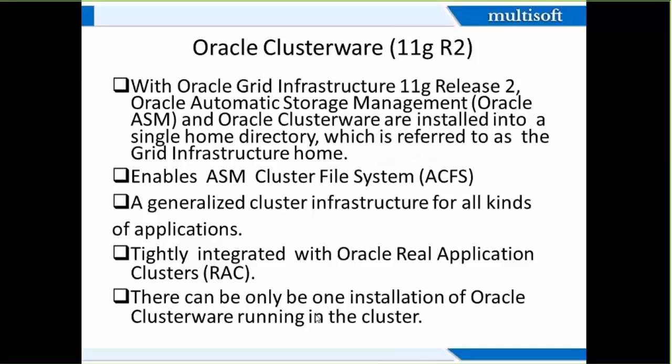Now, a generalized cluster infrastructure for all kinds of applications tightly integrated with Oracle Real Application Cluster. What does it mean? Oracle Real Application Cluster. Now, the cluster point is clear. Now, when we talk about Real Application Cluster, Real Application means when we manage a database using this cluster.